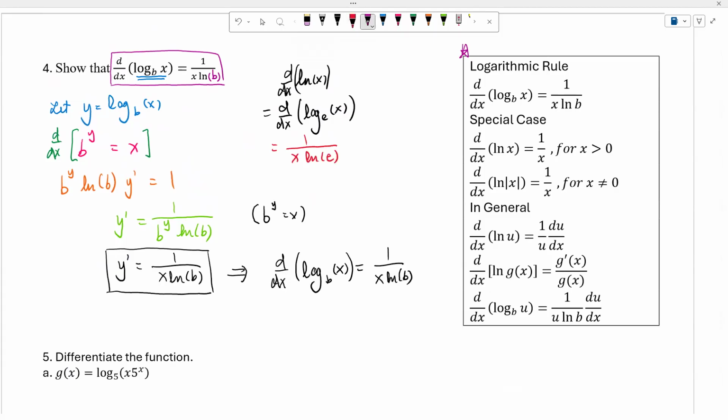And we know that natural log of e is 1. So therefore, the answer is 1 over x.